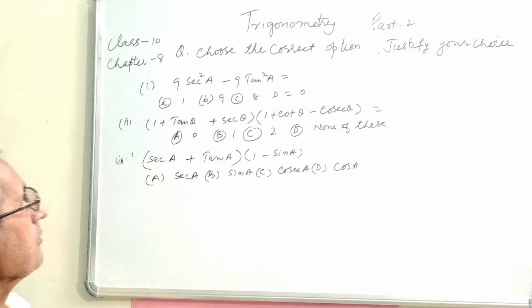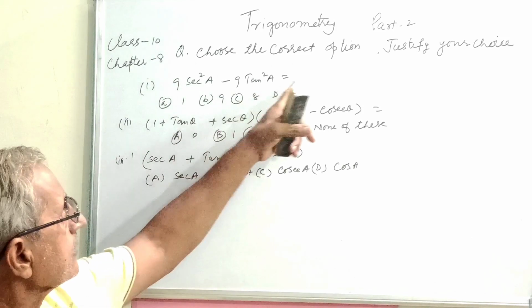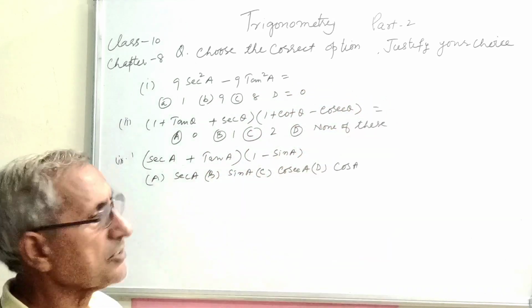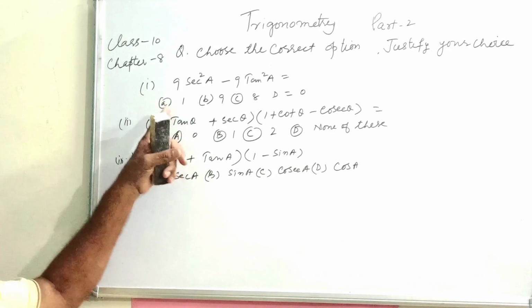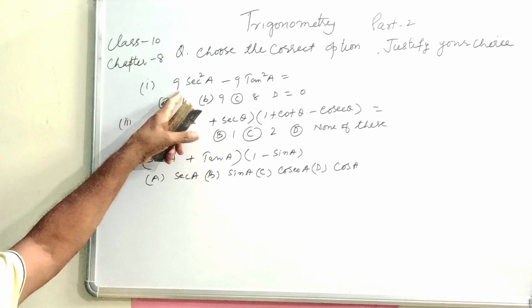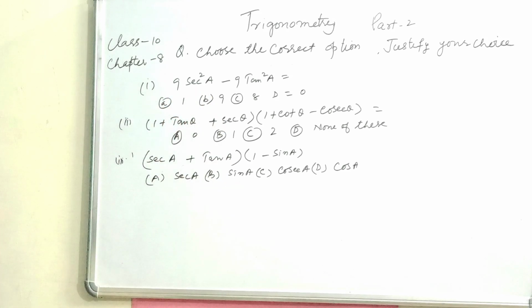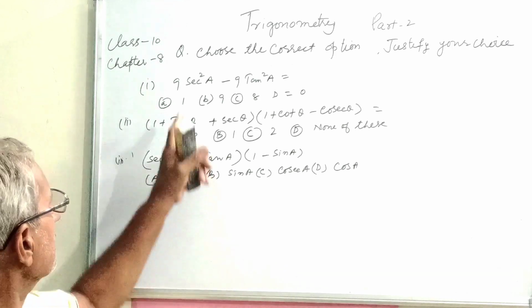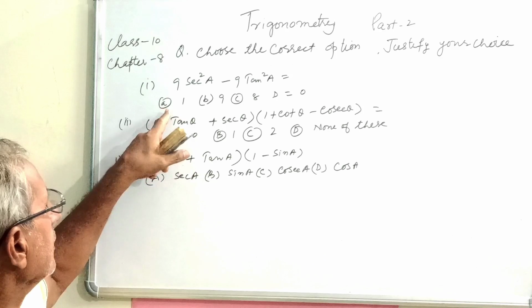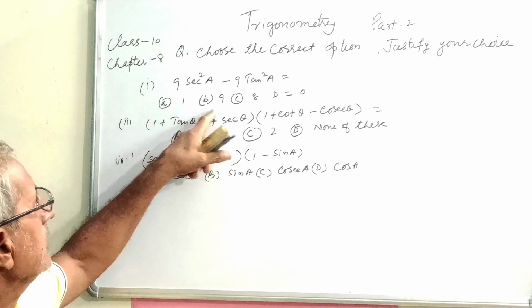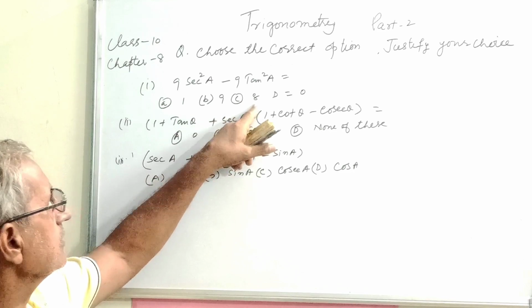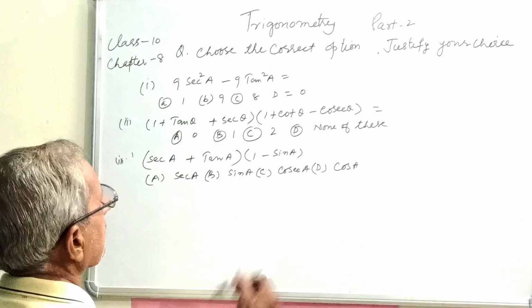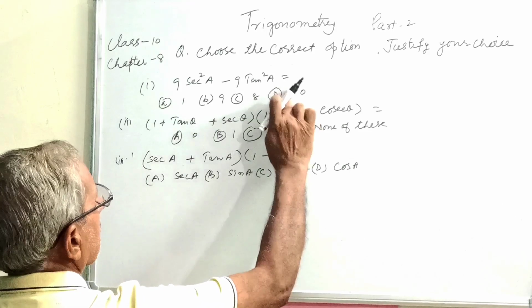So I have written another question. Choose the correct options and justify your choice. These 3 parts: 9 secant square A minus 9 tangent square A. What will be the value for this? 4 options are: A is equal to 1, B is equal to 9, third option is C is 8, and the fourth option is 0.